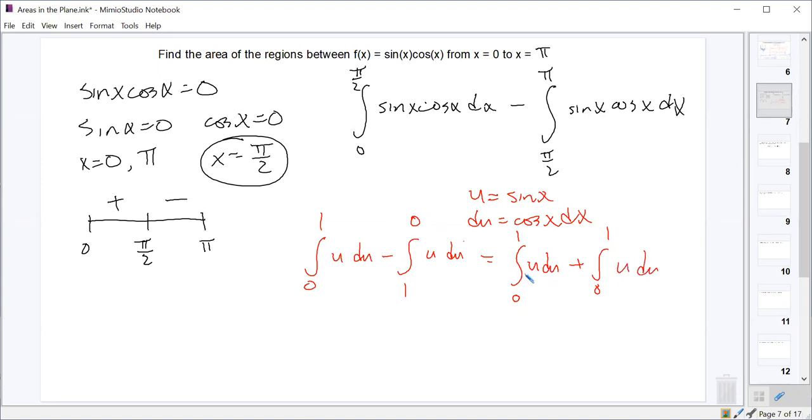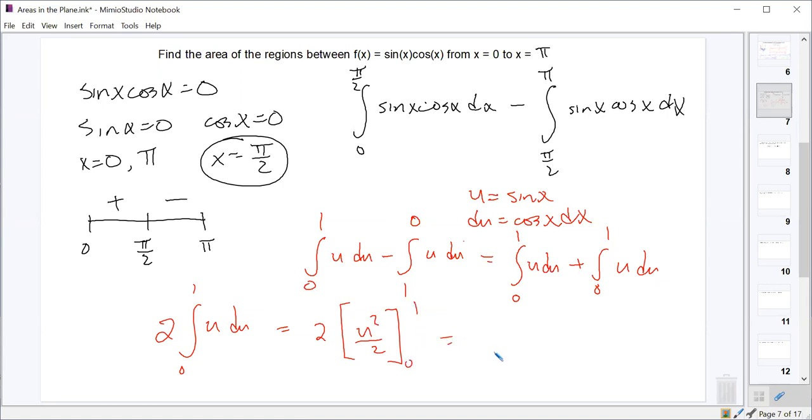And what's an integral from 0 to 1 of u du plus an integral from 0 to 1 of u du? Should be 2 integrals from 0 to 1 of u du, shouldn't it? Or 2 times u squared over 2 from 0 to 1.